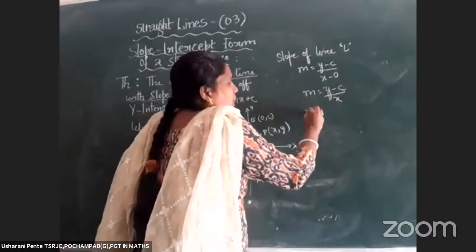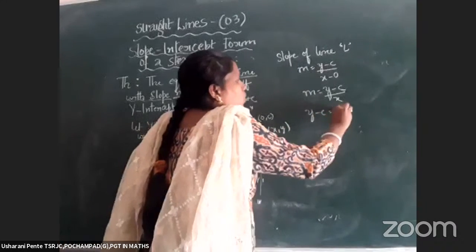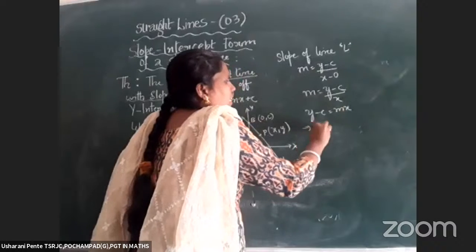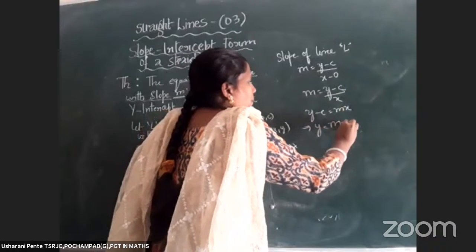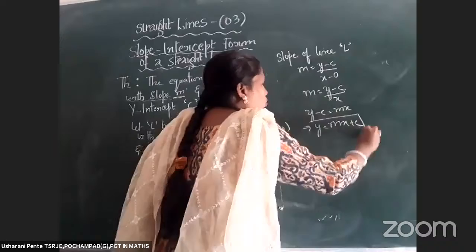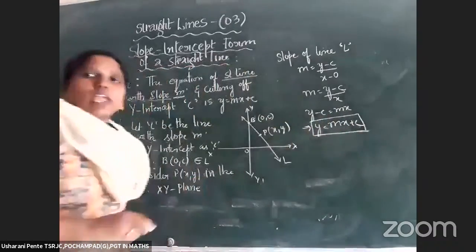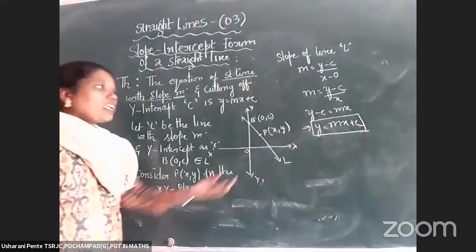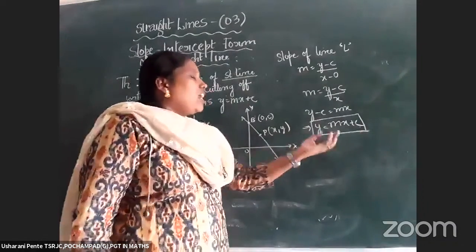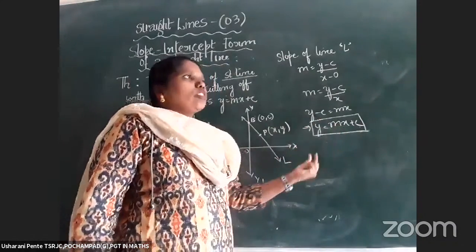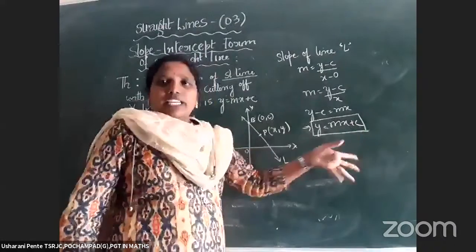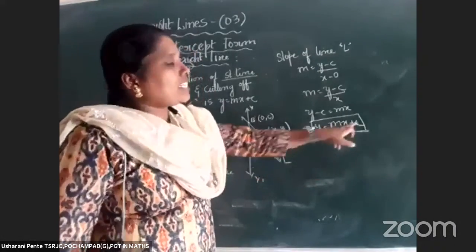By cross multiplication, y minus c equals mx. This implies that y equals mx plus c. So we got the equation, where m indicates the slope and c indicates the y-intercept.